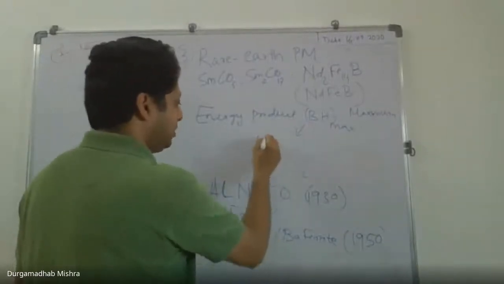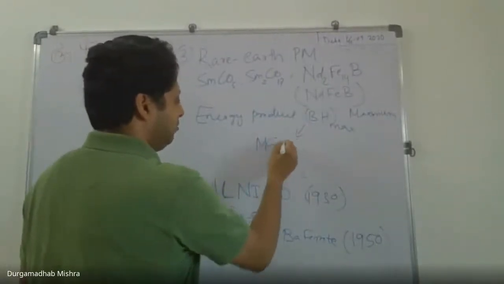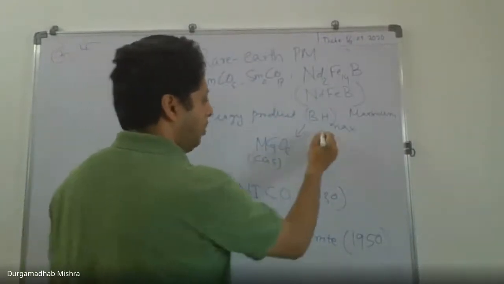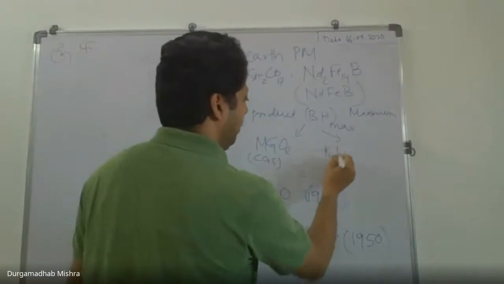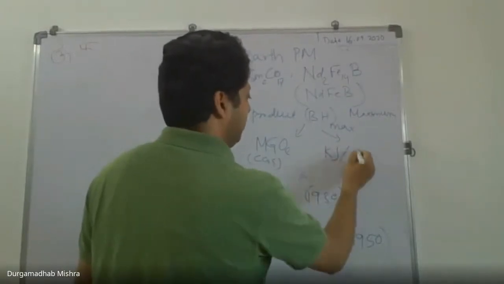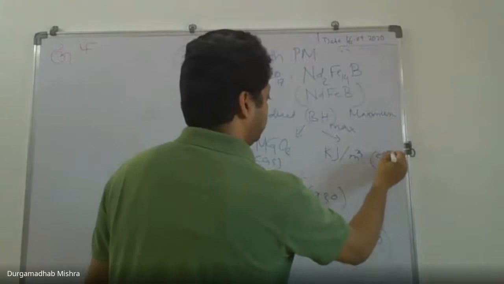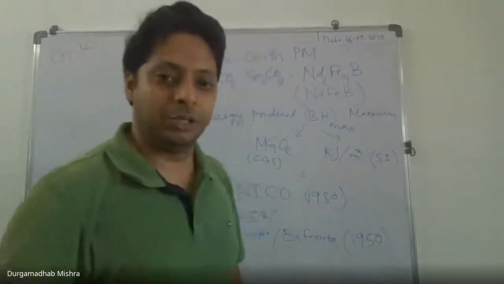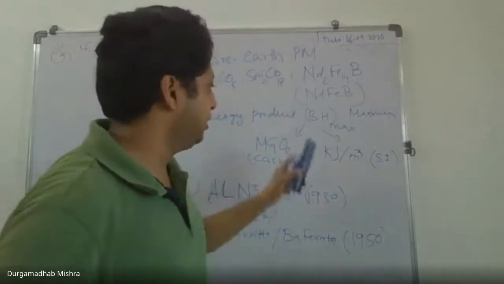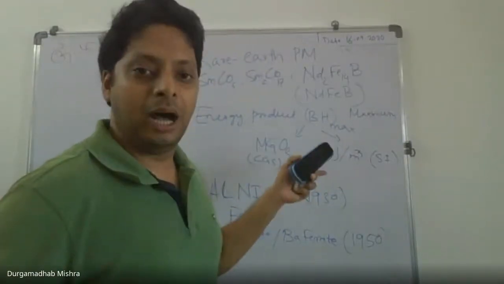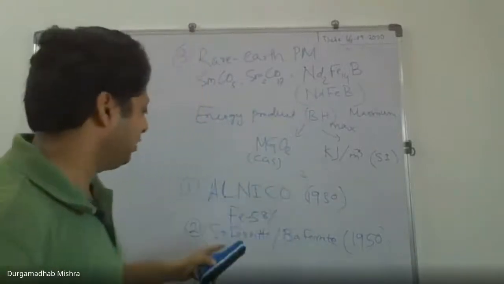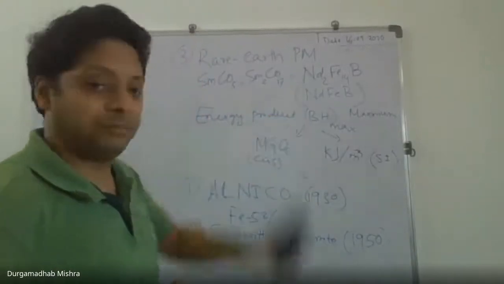In CGS, it is mostly written in megagauss-oersted, and in SI it is kilojoule per meter cube. You can look at the first lecture, where I showed some graphs. There you will see the comparison of how the BH max varies for different materials: alnico, ferrites, and rare earth.